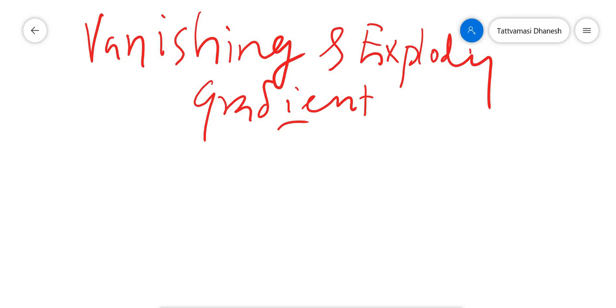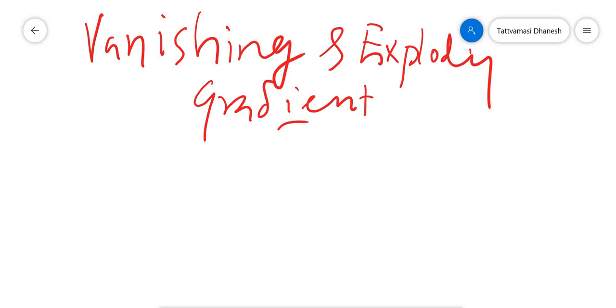See, there are two issues associated with backpropagation in RNN. They are vanishing and exploding gradient. Vanishing gradient means if the weights are small, the gradient shrinks exponentially. This is known as vanishing gradient.